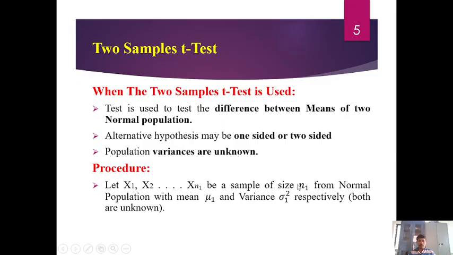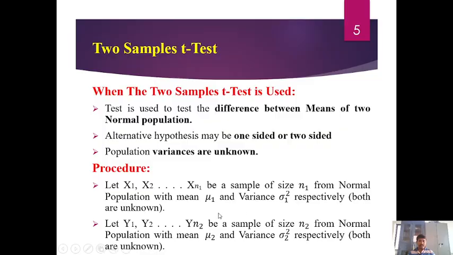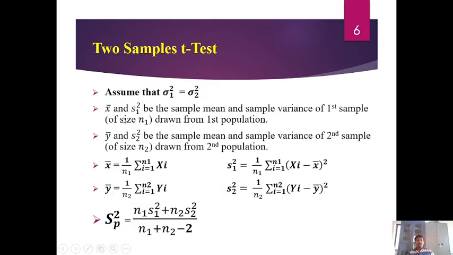Consider a sample of size n1 from first normal population having mean mu1 and variance sigma 1 square. Consider another sample of size n2 from another normal population having mean mu2 and variance sigma 2 square. We need to define one assumption that both population variances are equal, that is sigma 1 square is equal to sigma 2 square.